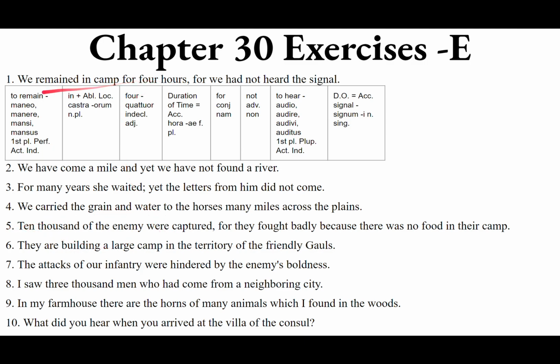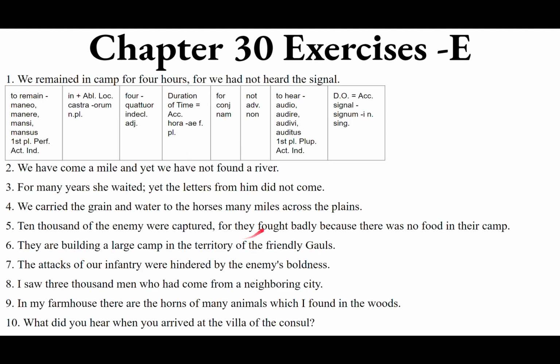Capta sunt. This is the main clause. Like in prima, we have the main clause, and then we have a causal clause, an explanatory clause explaining why the main clause happened. Why did we remain in camp for 4 hours? Because we didn't hear the signal. Why did 10,000 of the enemy get captured? Because they fought badly. And then furthermore, why did they fight badly? Because there was no food in their camp. They had rumbly tummies and they couldn't fight well. Conjunction for is nam.